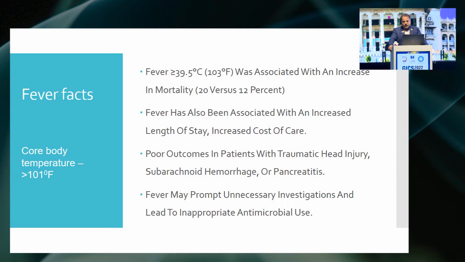One of the most worrying issues with fever is that the moment a patient has fever, we order a battery of investigations without trying to find out whether this fever is good or bad, an appropriate or inappropriate response. And that adds a lot of cost to the patient.